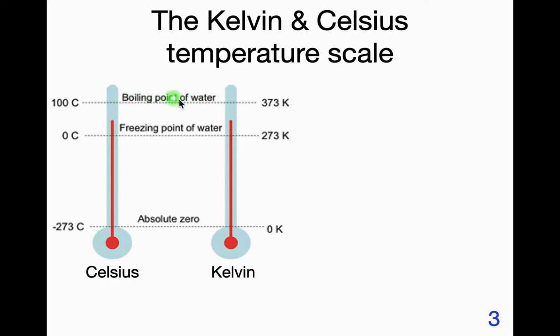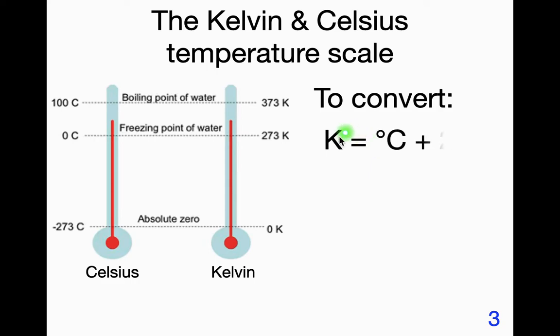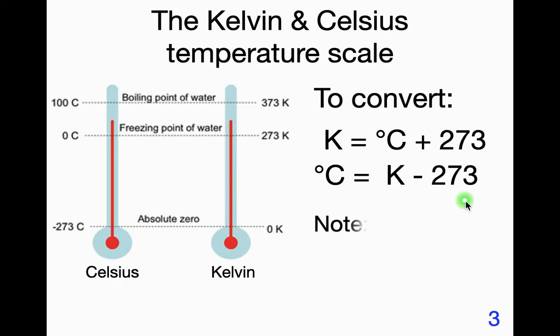So the two temperature scales are directly related in as far as the size of the units, but the 0 points have different definitions. 0 degrees Celsius is the freezing point of water. 0 kelvins is absolute 0. To convert from one unit to the other, kelvins is equal to degrees Celsius plus 273, and degrees Celsius is kelvins minus 273.